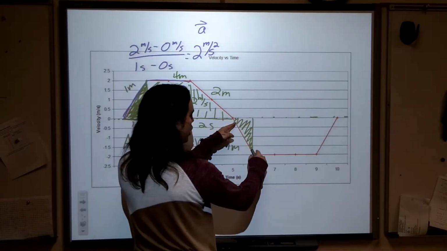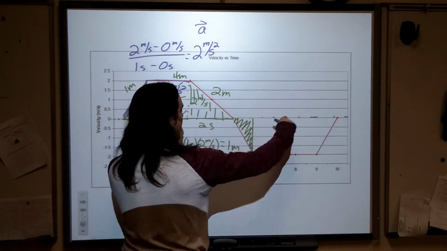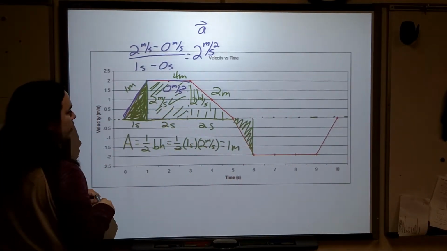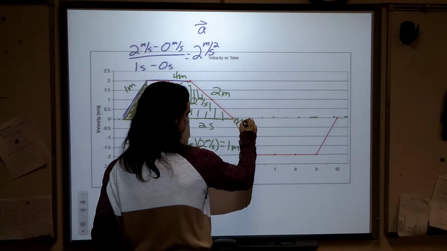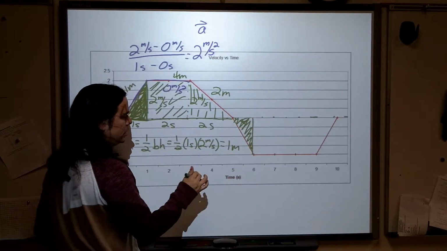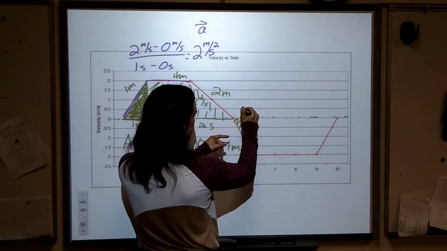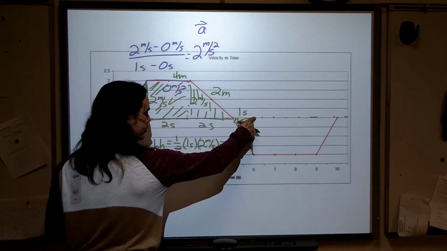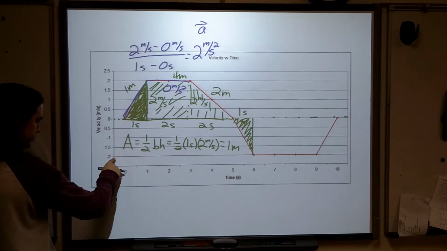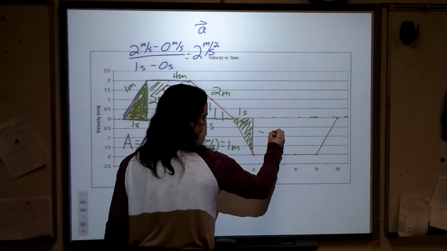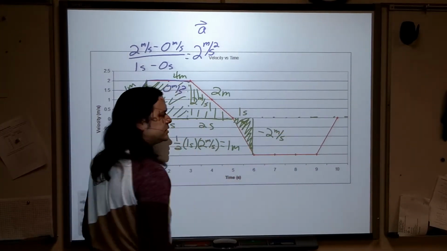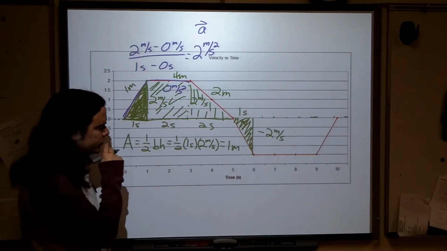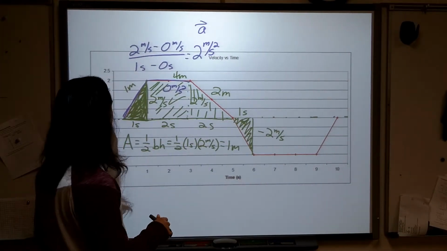It is between my curve and the x axis, if you will, but it's beneath it. My base right here is 1 second, and my height, well, it goes from 0 to negative 2. My height is negative 2 meters per second. Now that may seem weird, but we're going to talk about this.